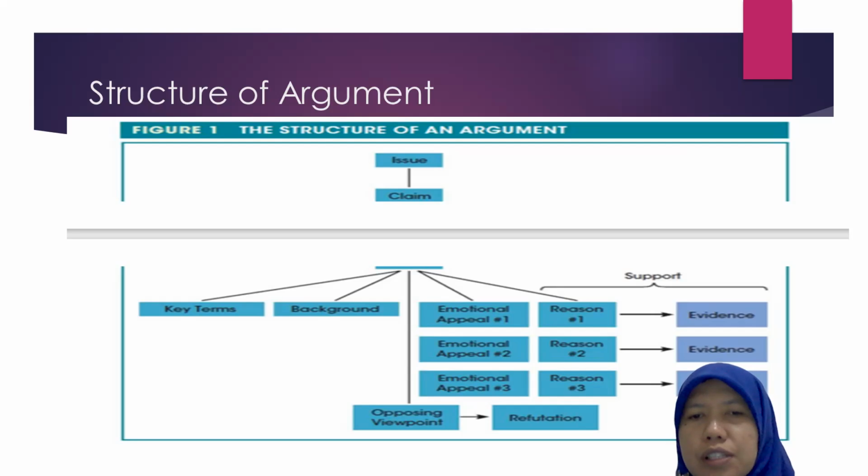And for this kind of reaction, we should support it with evidence. The emotion and reaction can consist of opposing viewpoints, or we can say refutation.